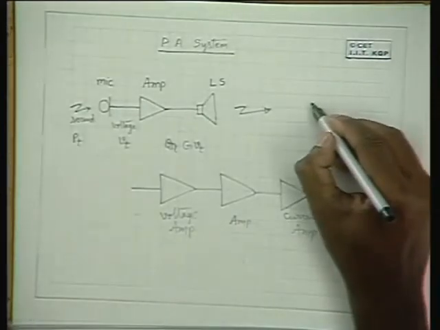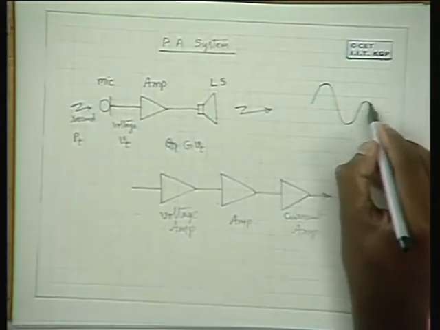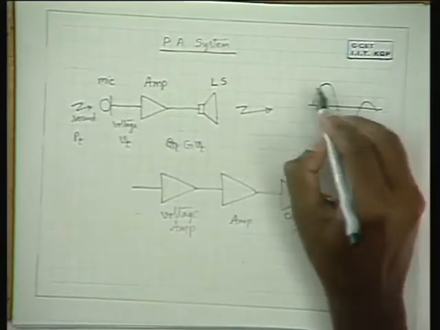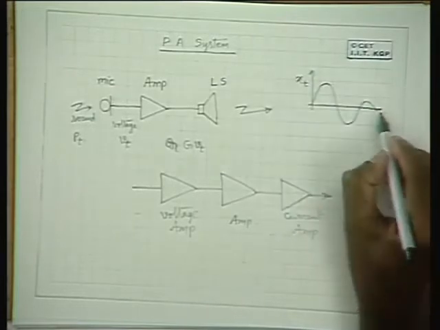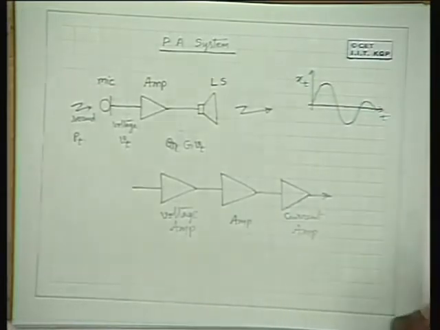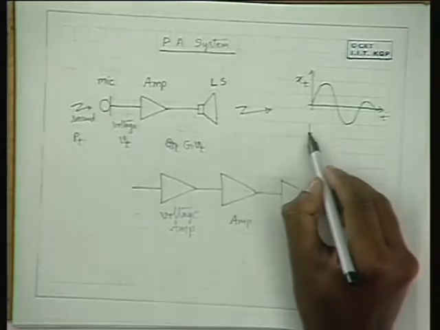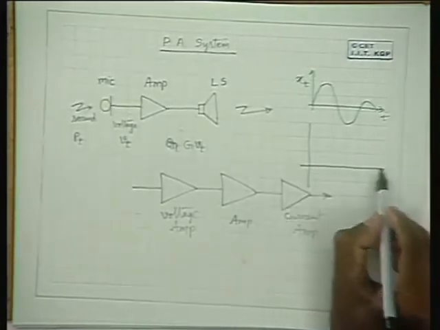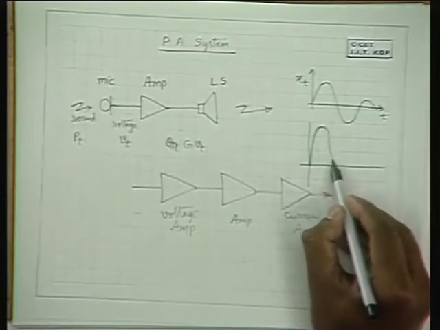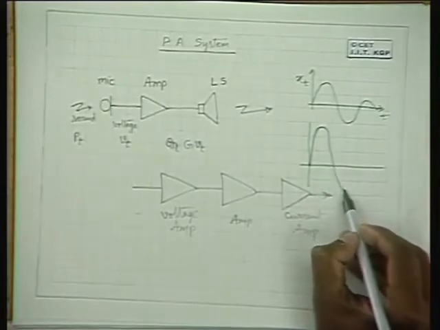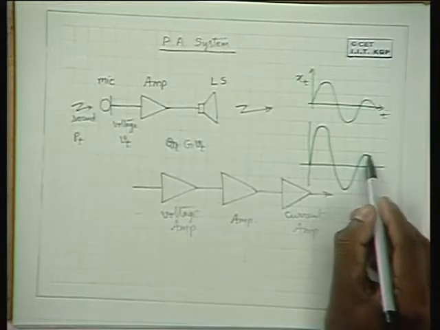Say this is one signal here, which is a time function. The amplified version of the signal looks like this.